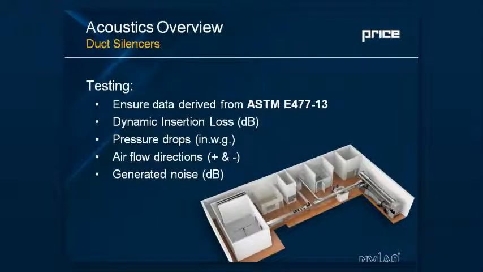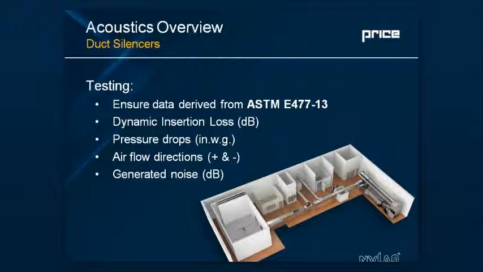Silencers are tested according to ASTM E477, and the latest and current standard is from 2013, so it's worth pointing out that's what the -13 stands for. Ultimately, the testing provides insertion loss in dB. It's dynamic because you're measuring it with airflow in both the positive and negative directions.